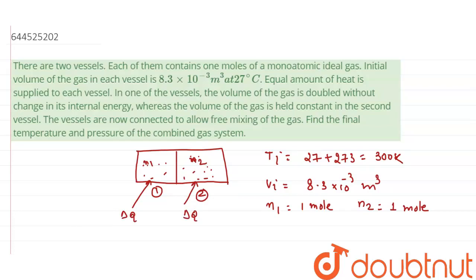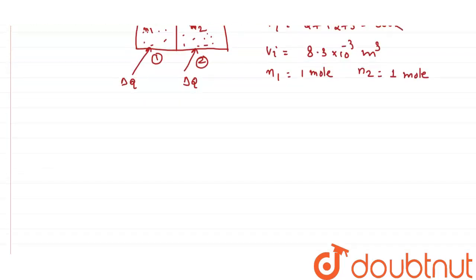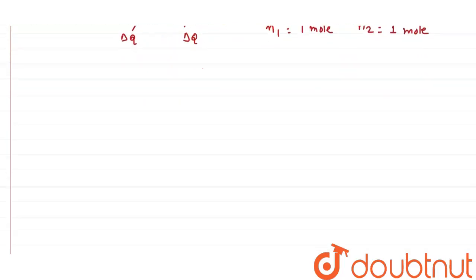The heat given to both vessels is also the same, delta Q and delta Q. Now the volume of the gas is doubled without change in internal energy for vessel 1. Now we are talking about vessel 1.